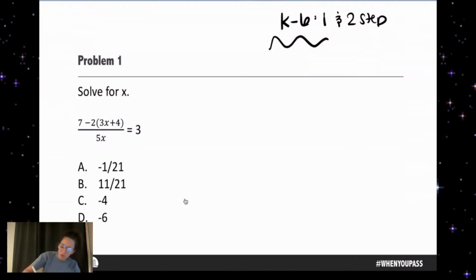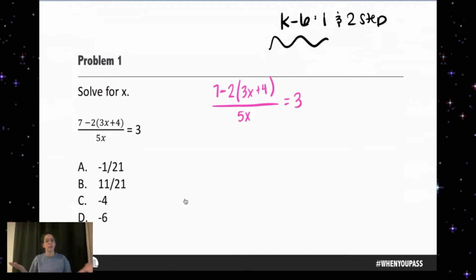Okay, so I'm going to rewrite the problem. 7 minus 2 times the quantity 3x plus 4, divided by 5x, equals 3. So what am I going to do first? Whenever I see an equation with a fraction, my goal is to get rid of that fraction to make it all one level. It doesn't mean that I'm scared of the fraction. It just means that I need to simplify it to get that numerator out of numerator jail so that I can finish solving it.